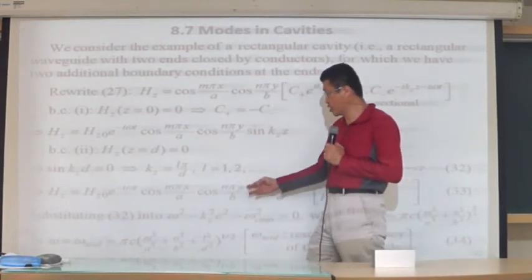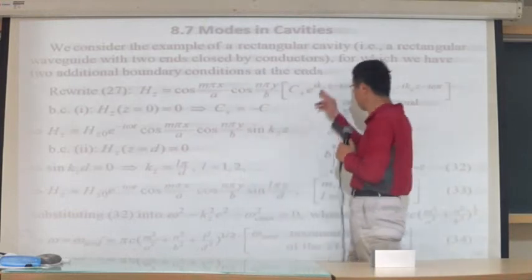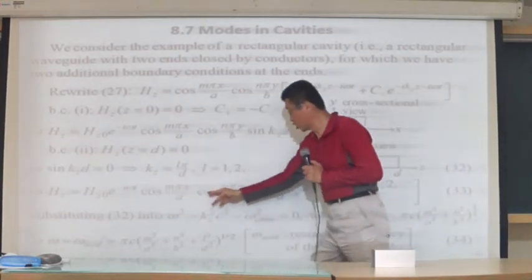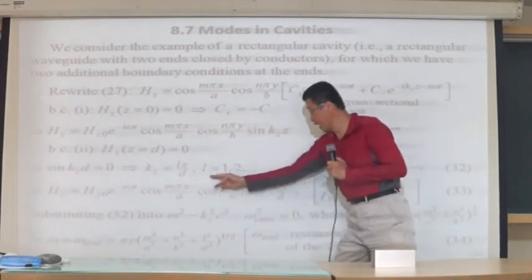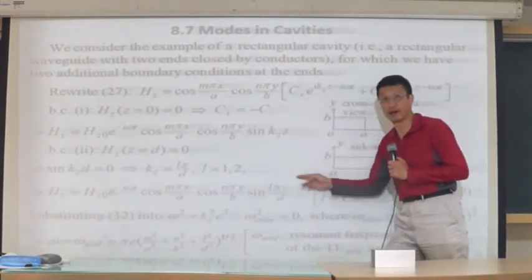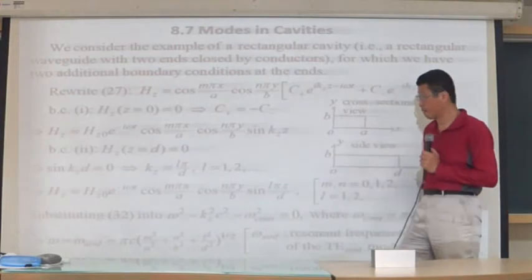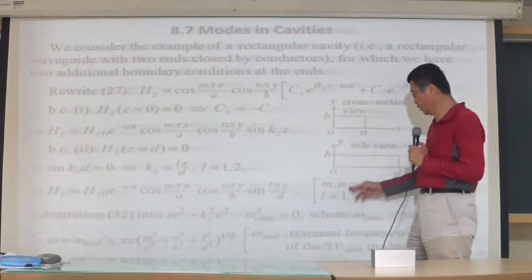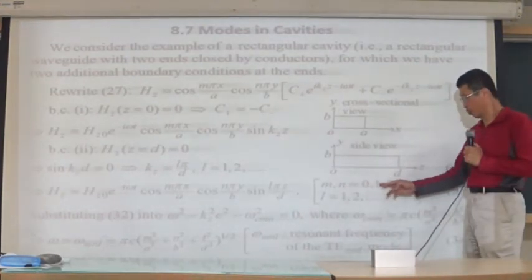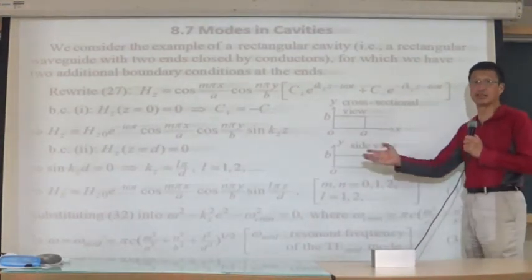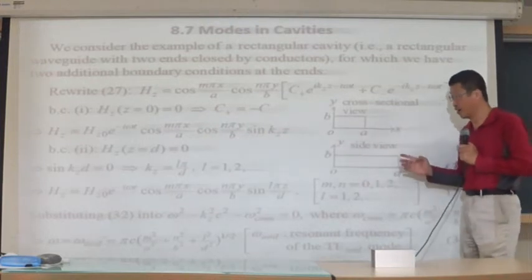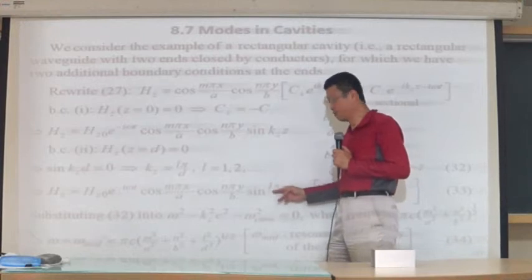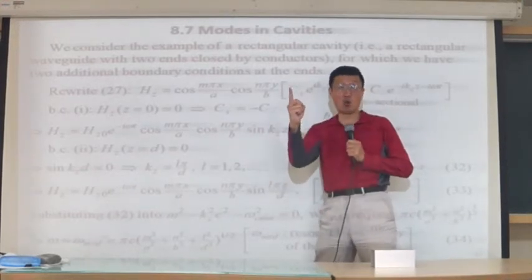So the final result will be exponential minus i omega t, the same here, and cosine, sine. And interestingly, n runs from 0, 1, 2, 3. 0 doesn't matter, but L must be at least 1.